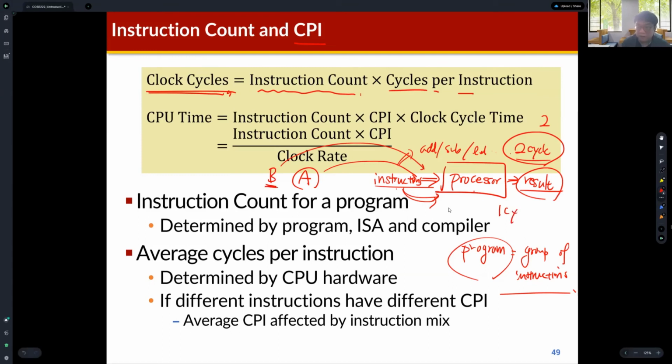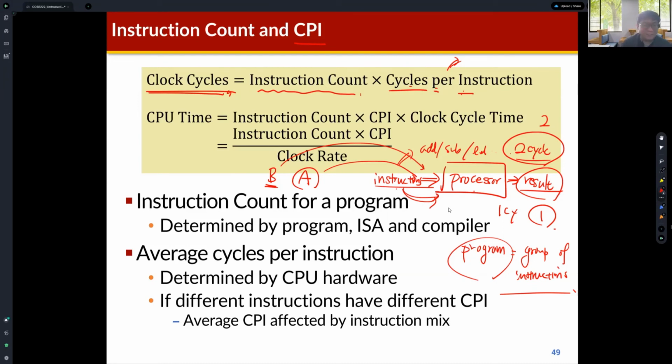It's 1. So cycles per instruction is just the number of cycles taken when executing an instruction.